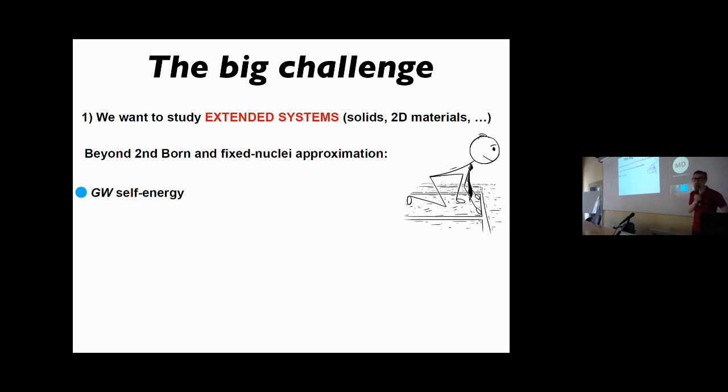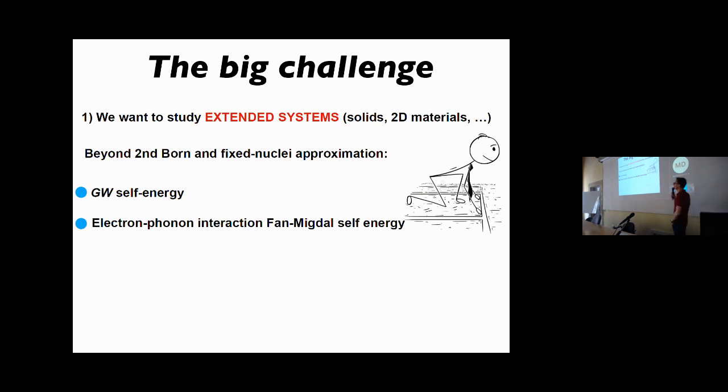So in particular, we want to replace the second-Born self-energy with the GW self-energy, which is the correct self-energy to describe solids, so in particular semiconductors. And we also want to introduce the so-called Fan-Migdal self-energy. The Fan-Migdal self-energy describes essentially the scattering of one electronic state to another electronic state through the absorption or emission of a phonon.